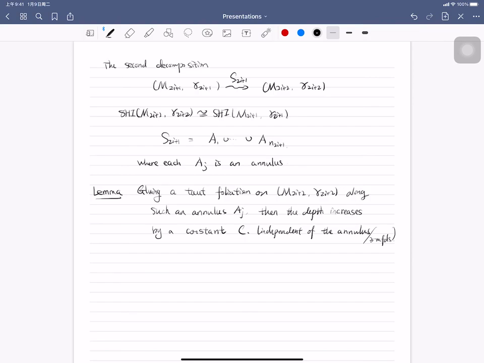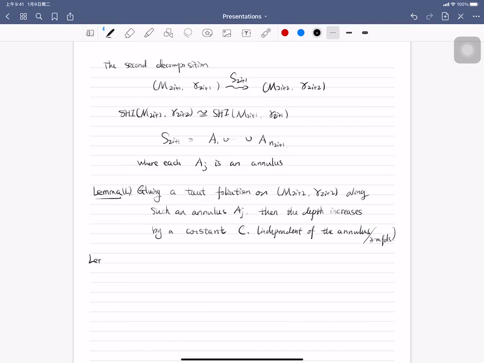So what we need to do is glue this taut foliation along this union of annuli, and as we glue along each annulus, the depth is increased by a constant C.